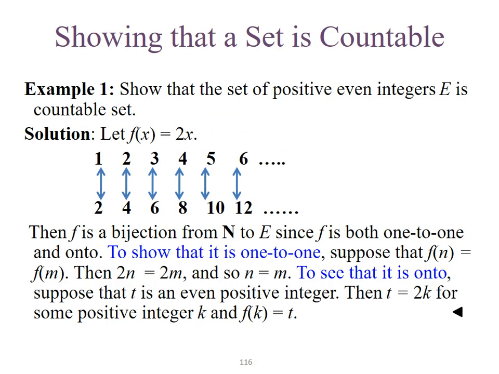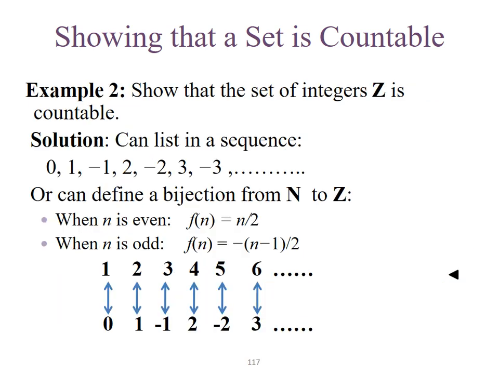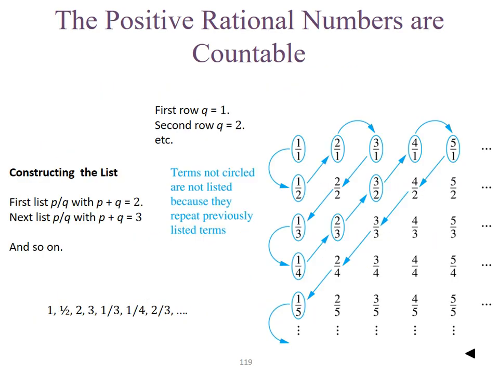Just like our previous example, once you define the order, you need to prove that it is one-to-one and onto. If you define this order, it is actually a one-to-one correspondence. So this is how we prove that the rational numbers are also a countable set.